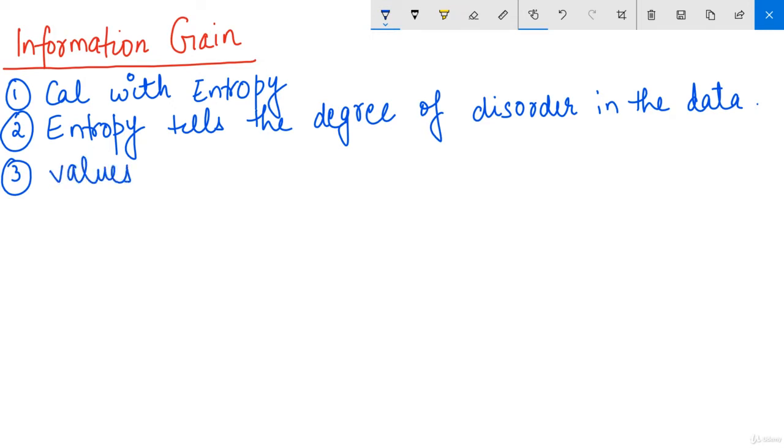Values between 0 and 1, however it is completely opposite to your Gini index.